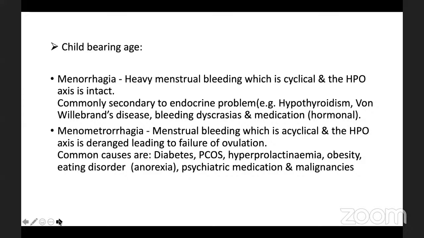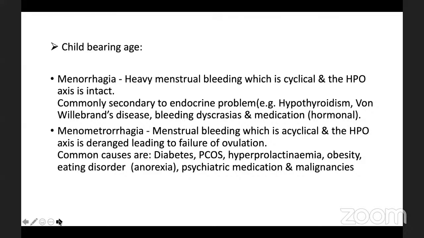For example, thyroid is one of those that can also affect the female organs and cause bleeding. Then we've got von Willebrand's disease, which I have already mentioned, and bleeding abnormalities, and some medications that are used, especially hormonal medication.